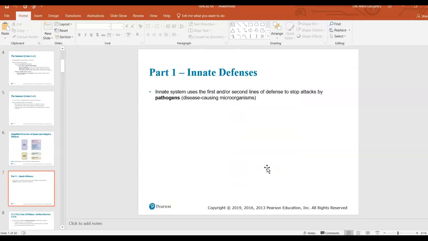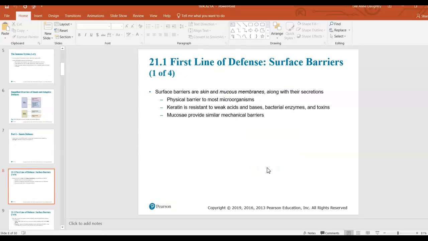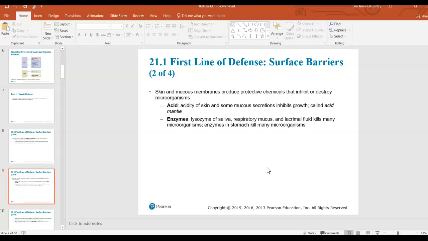Okay, so the innate defenses, we talked about the skin. Some things you may not know about the skin are that the skin is acid. The pH of the skin is an acidic pH, and some of the secretions on the skin, acid is very good at handling a lot of pathogens, particularly microorganisms.